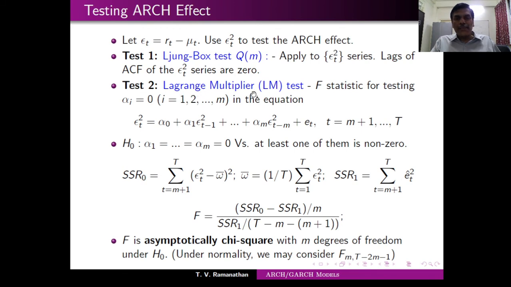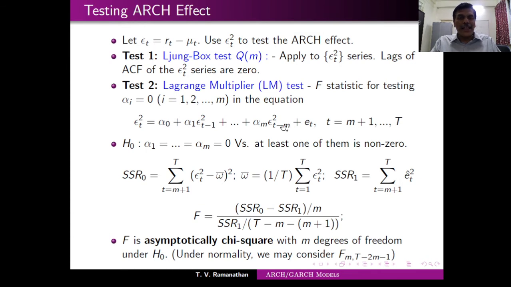In the Lagrange multiplier test, you consider an F statistic, because we are looking at a regression model like this: the square of epsilon t depends on the square of epsilon t minus 1, t minus 2, etc., up to t minus m. Then I would like to test the hypothesis that alpha 1 equals 0, alpha 2 equals 0, etc., alpha m equals 0, against the alternative that at least one of them is not 0.